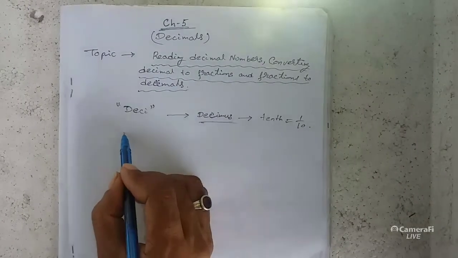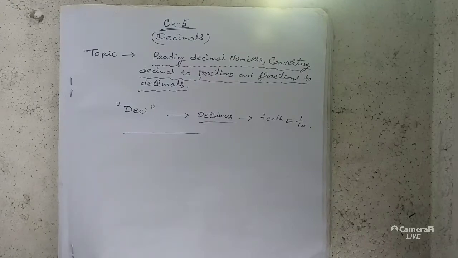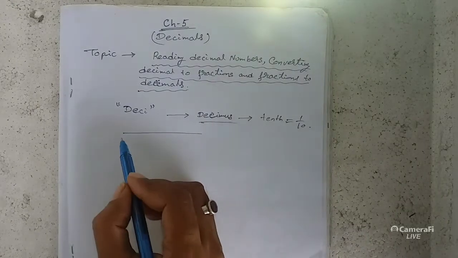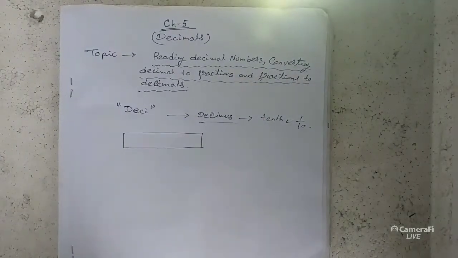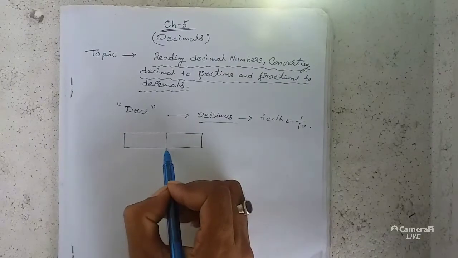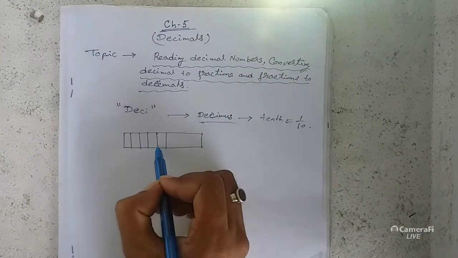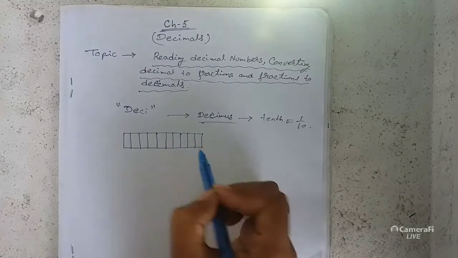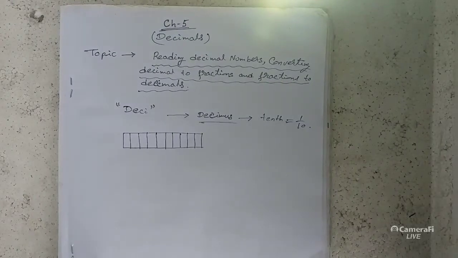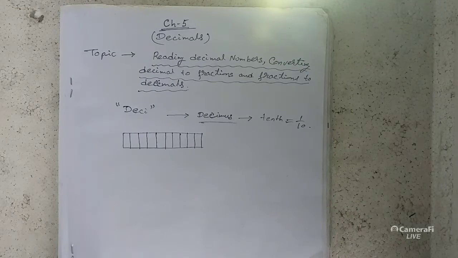Now, in fraction, how can we express 1 by 10 as a figure? Suppose I am taking a whole rectangle and making it into 10 equal parts. I have divided the whole rectangle into 10 parts.